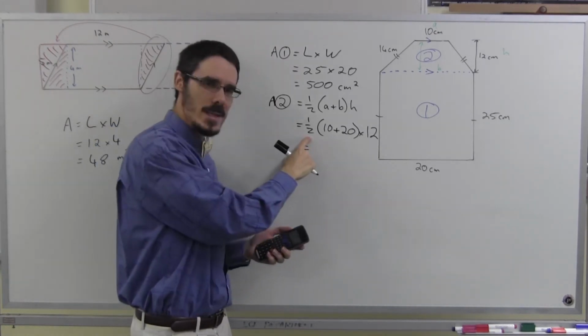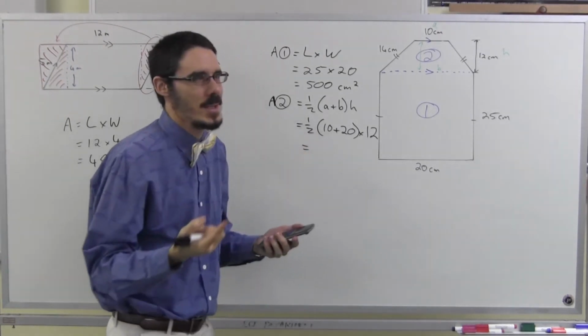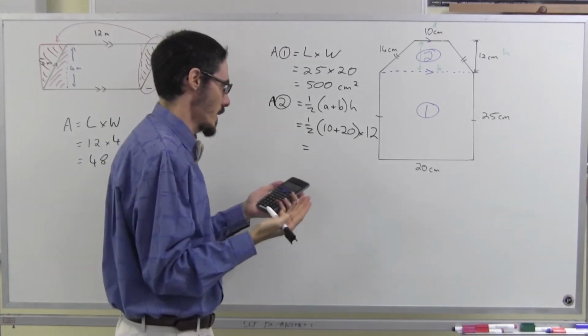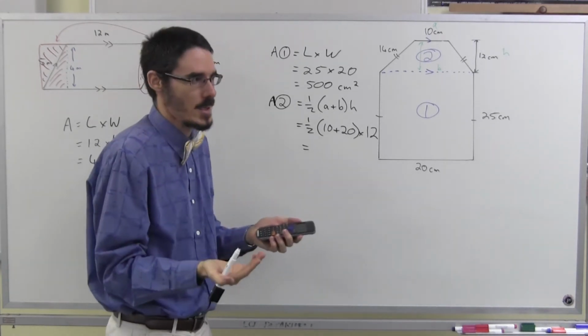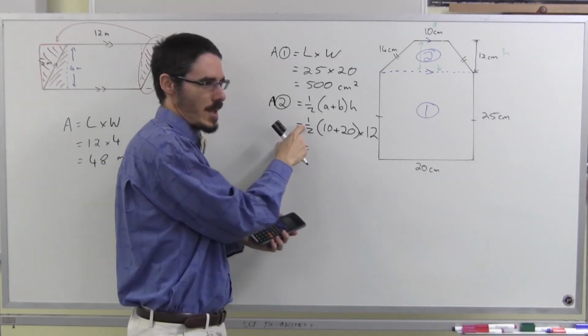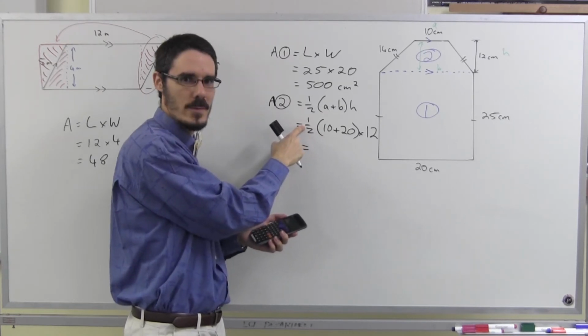Some people get confused here and they go, half what? Well, you just get your calculator and you type a half. If it's a modern calculator that supports fractions, you can actually go a half. But remember, if you don't, this fraction line just means divide. So you can just go 1 divided by 2.